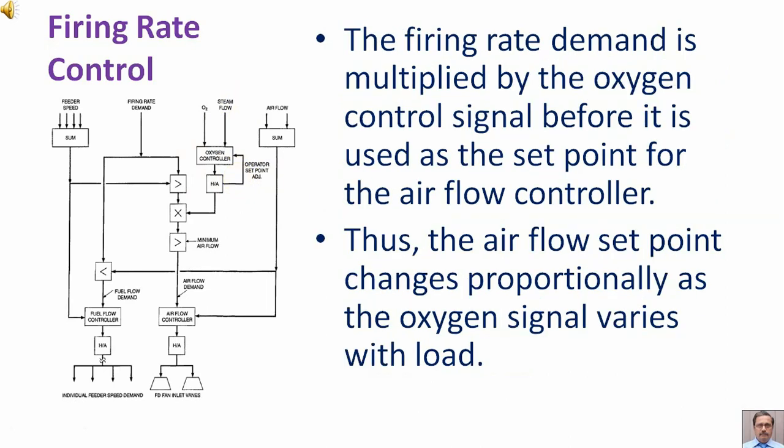The firing rate demand is multiplied by the oxygen control signal before it is used as the set point for the airflow controller. Thus, the airflow set point changes proportionally as the oxygen signal varies with load.